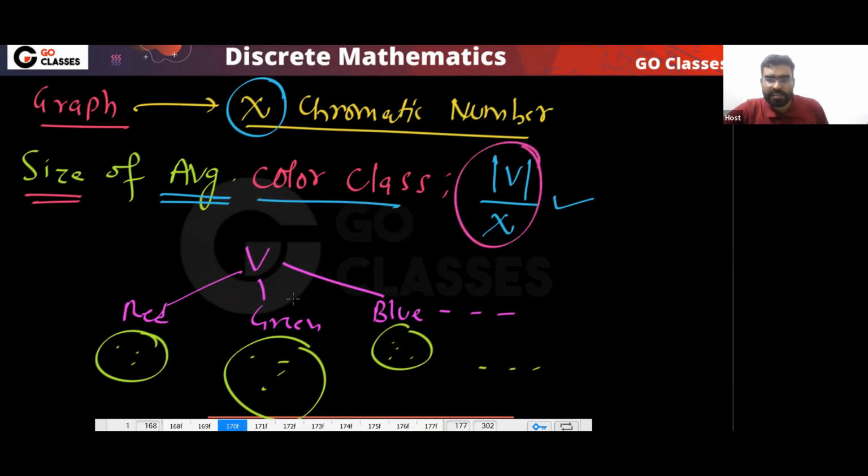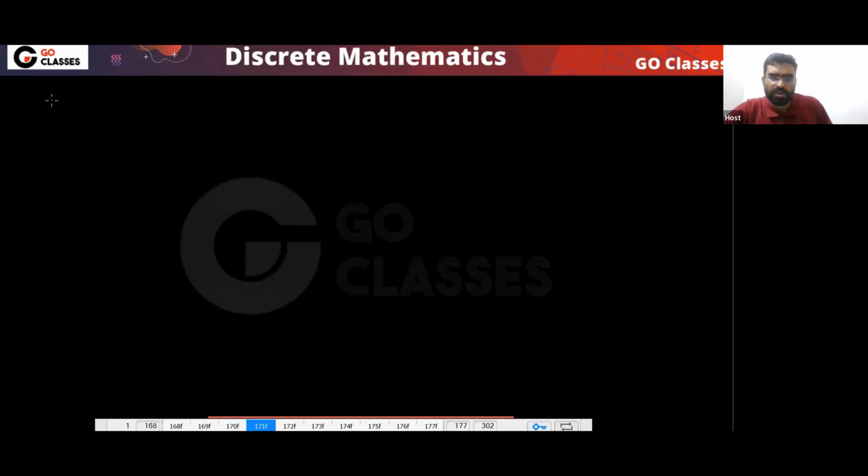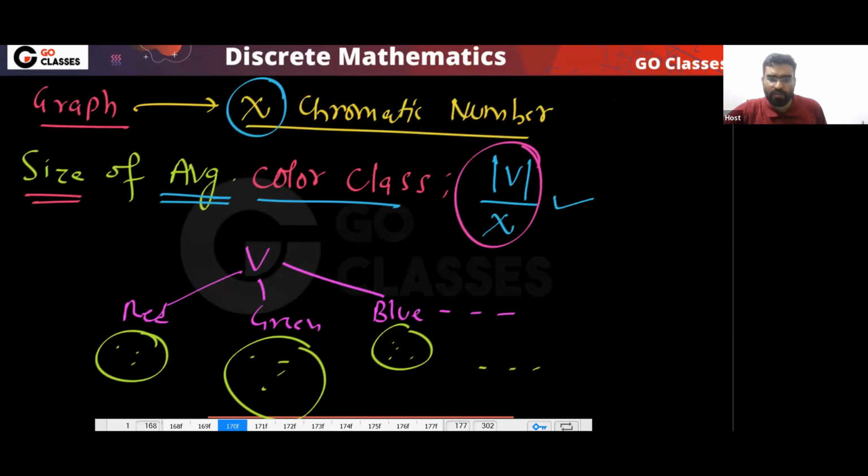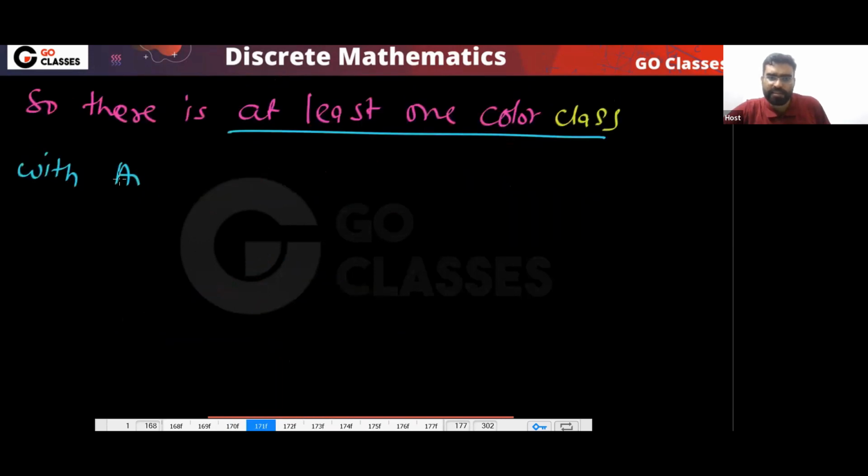There is at least one color class with this average number of vertices, right?